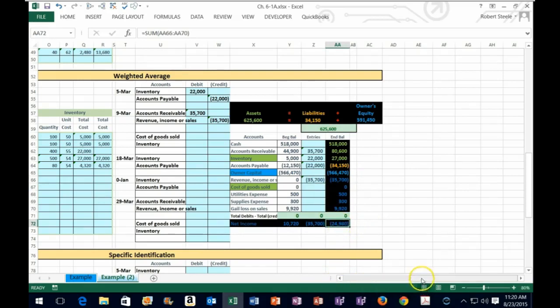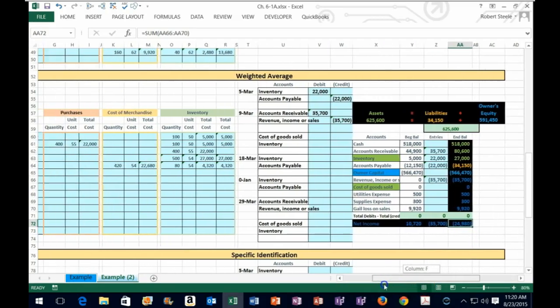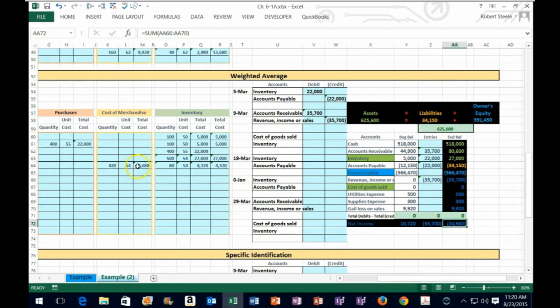Now we're going to record the cost of the goods sold. And the cost of the goods sold is what we calculated here. So the cost of goods sold is going to be an expense of that 22,680, and the inventory is going to go down by that 22,680. So if we post that, then the cost of goods sold is here. Notice that net income went up by the sales price.